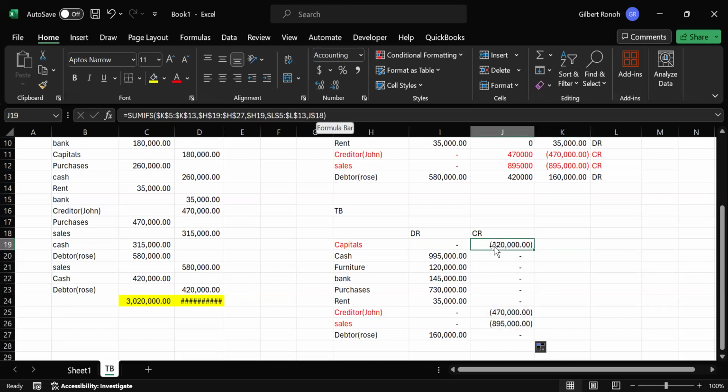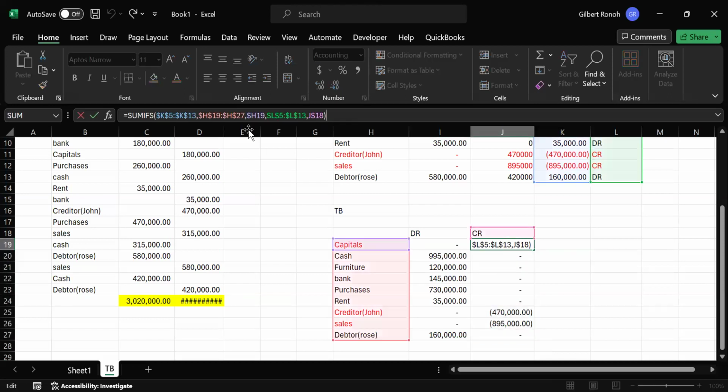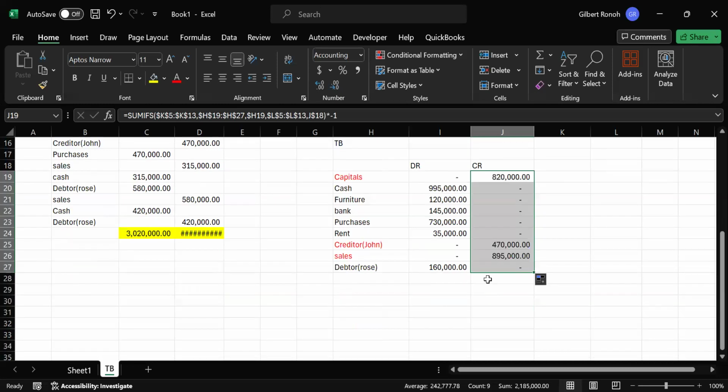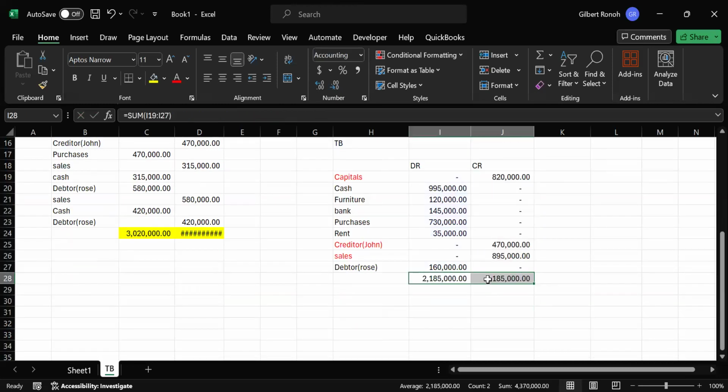I can multiply my formula here by -1 so that I remove the negative. That negative is showing us that it is a credit value, but I can remove it by multiplying by -1. So now I can sum my credit and debit to see if the trial balance is balancing.